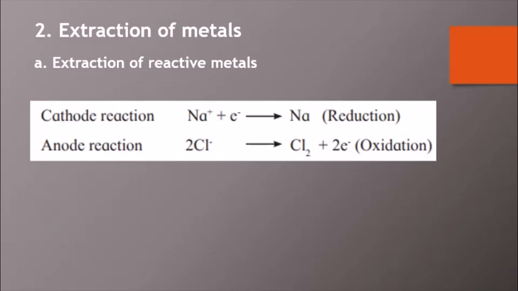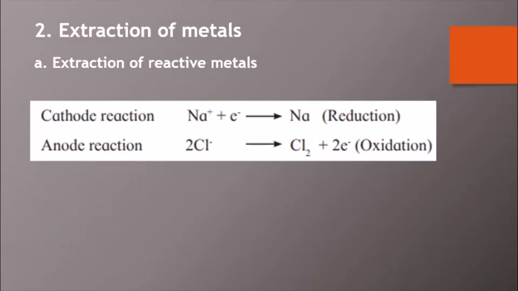For example, if we have to obtain the metal sodium, we need to obtain it by electrolysis of its molten chloride salt, that is sodium chloride. So if you have to remove sodium from sodium chloride, you need to obtain it by the electrolysis process. In this process the metal is deposited on the cathode.